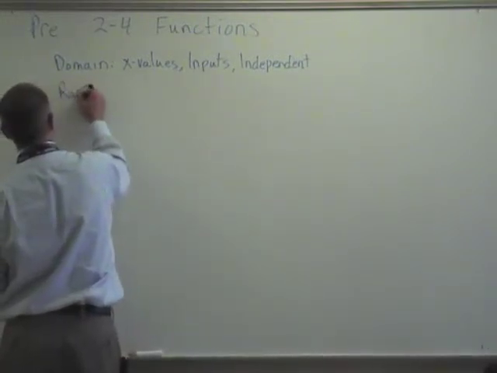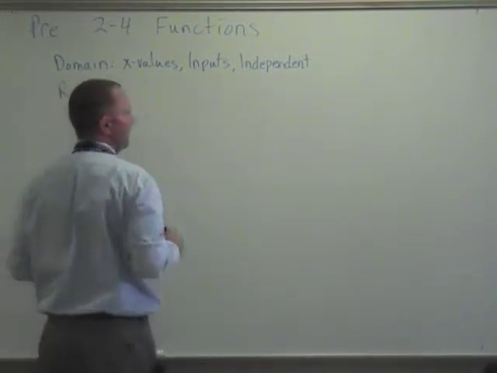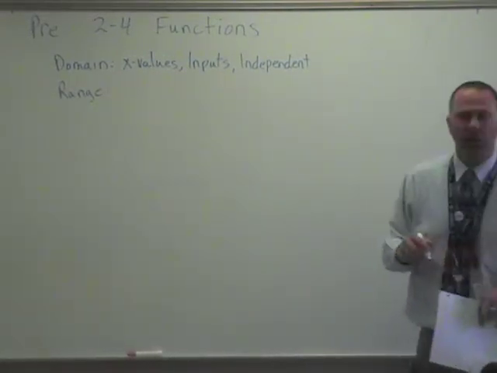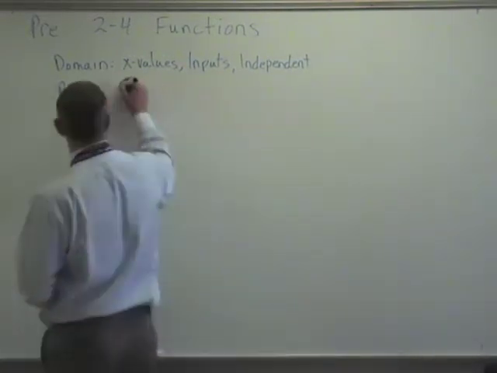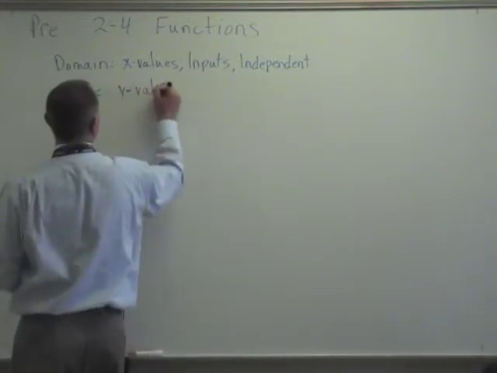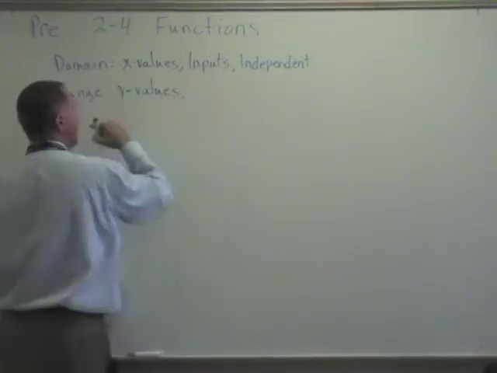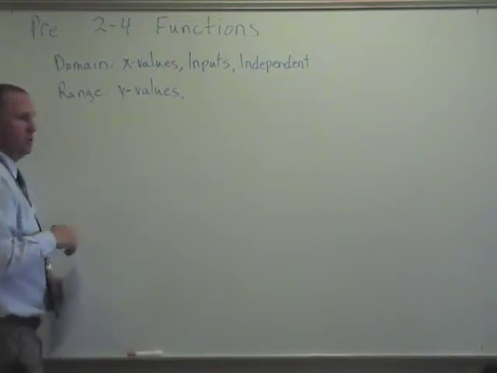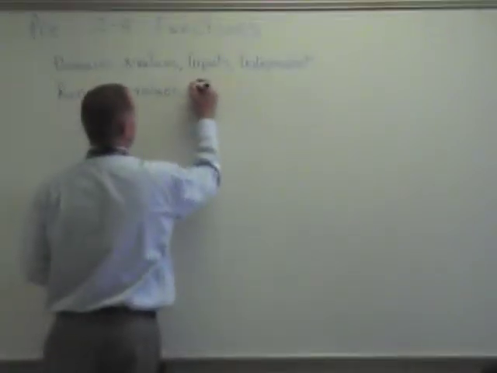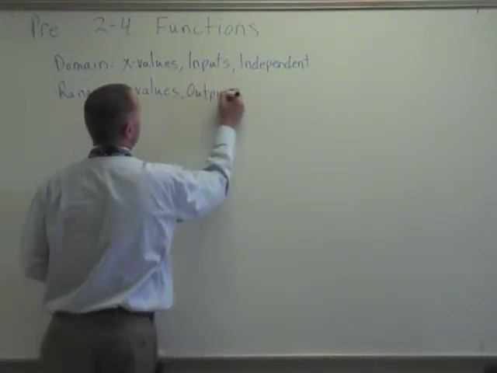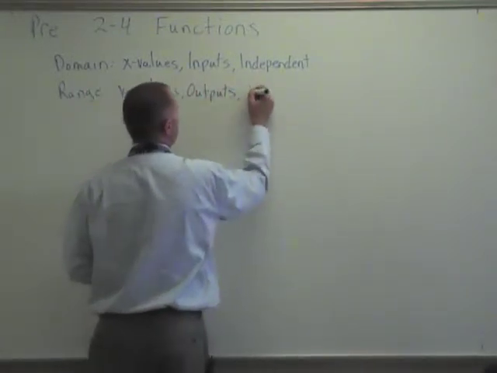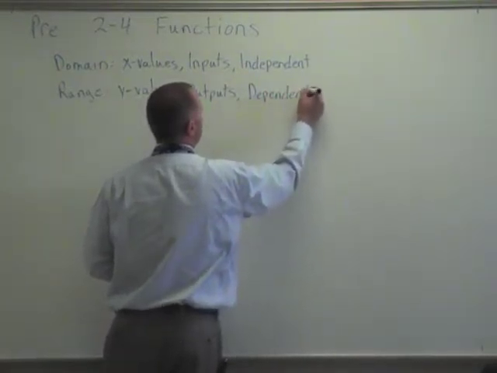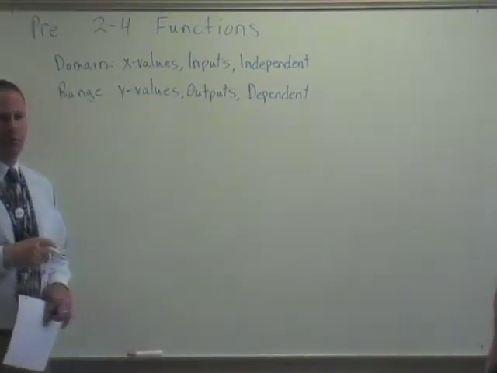Then the range must be something else based on what we just said. The y values. Okay, and really what you need to remember is x values and y values. I put these others up here to help you with some story problems that we have. So it is the outputs, and it is the dependent variable, y is, because it depends on what you plugged in for your domain.